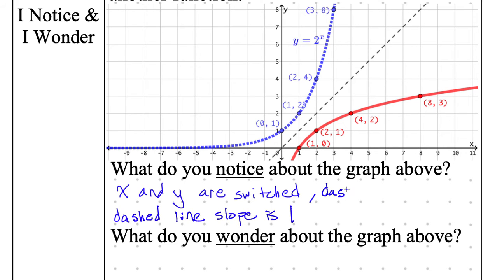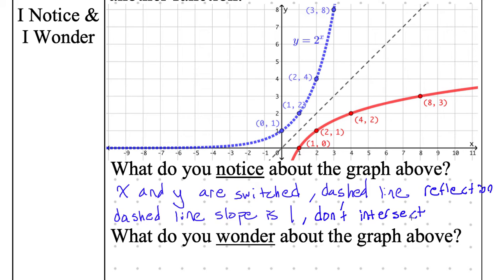Another thing is the dashed line reflection. Well, that's not a good way of saying it, but dashed line reflection I think is a good way to summarize that. I'm also going to write down they don't touch. They don't intersect.